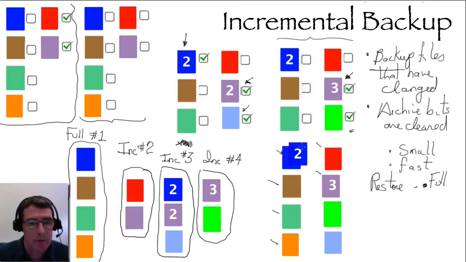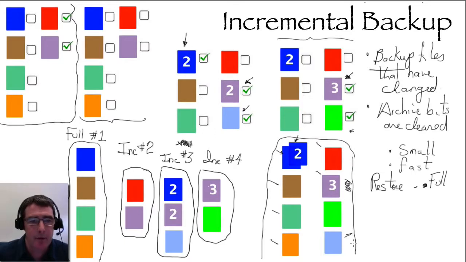So what happens is the blue has been modified, so it overwrites the old blue file, and I get version 2. I get version 2 of the purple, and I get a blue file here, which is restored. Then I restore incremental number 4, which gives me the latest version of this light purple, and it gives me a green. So when I do a full restore, these are all the files which get restored.